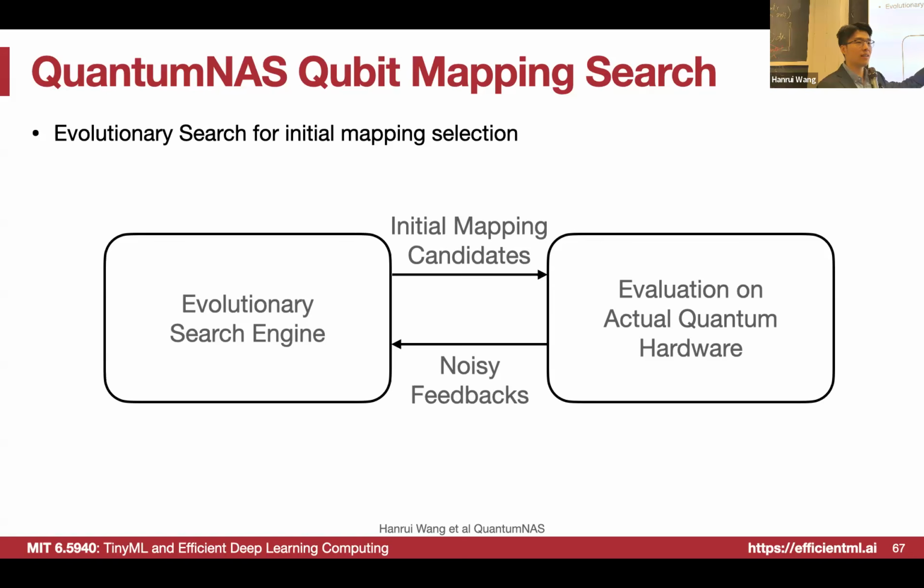We have a search engine to generate the mapping candidates and to evaluate those on the actual quantum hardware, right? And then we can obtain this noisy feedback to know which mapping is good or not. And then we can update the candidates inside the search engine. So that is the part the QuantumNAS work is trying to solve.